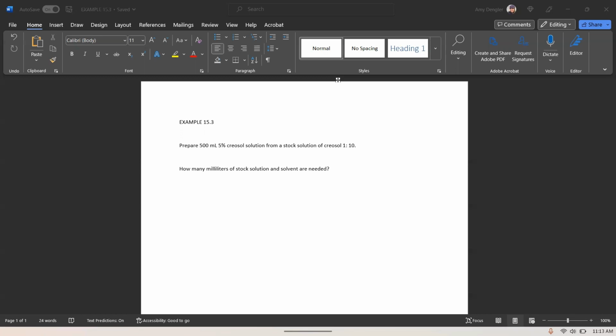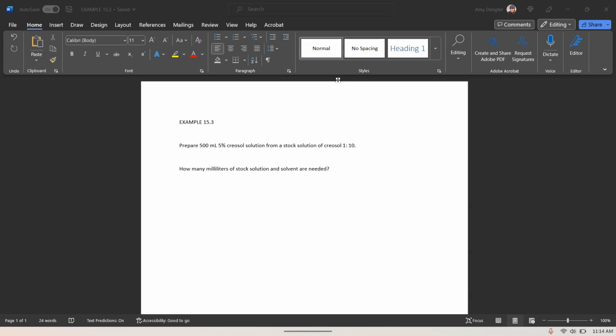All right, so we need to convert the creosol 1 to 10 first to a percent so that we can use it in the formula. So we always want to have the same units. Like we can't have 1% one in ratio, if you know what I mean.